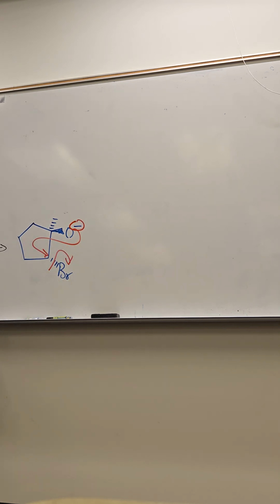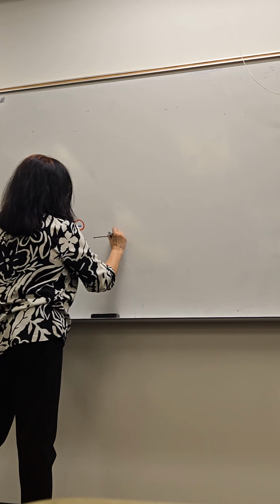And they're situated in exactly the way you want, because SN2 means the nucleophile has to come from the opposite side of the leaving group. This one is on a wedge and this is on a dash, so they're already opposite, and this one can lean in and push out the leaving group.